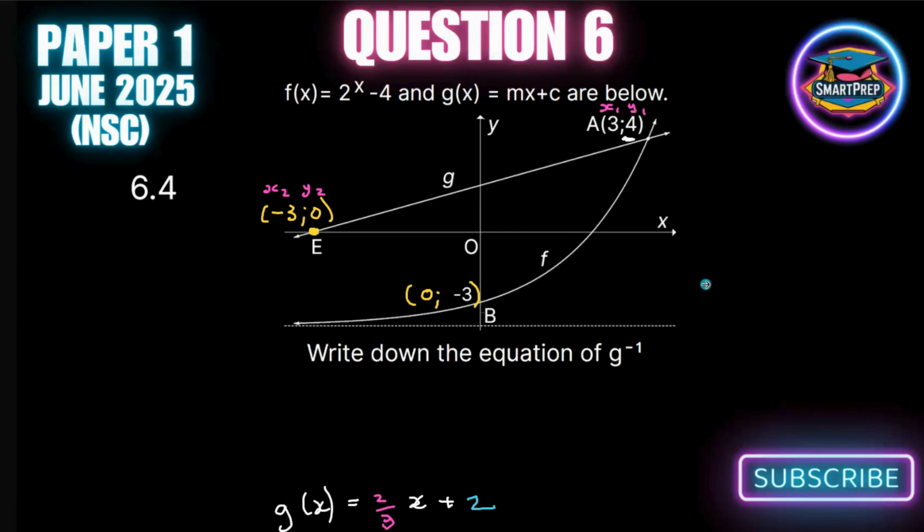6.4. Yes, indeed, it asks for the inverse. So now when we want the inverse, what do we do? We swap x and y. So now our y, which is our g of x, becomes our x, and our x becomes our y.